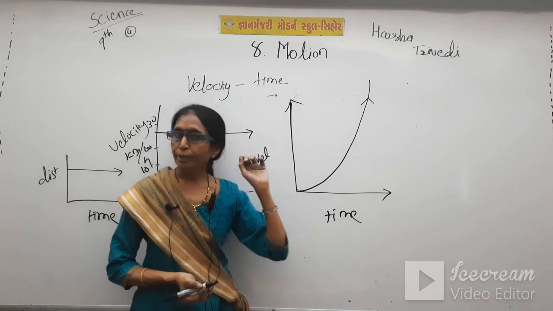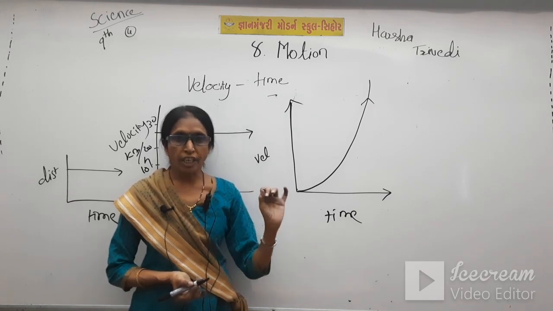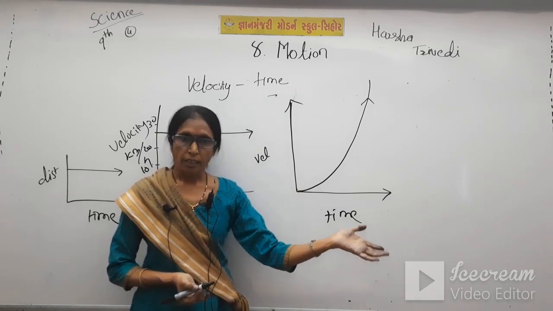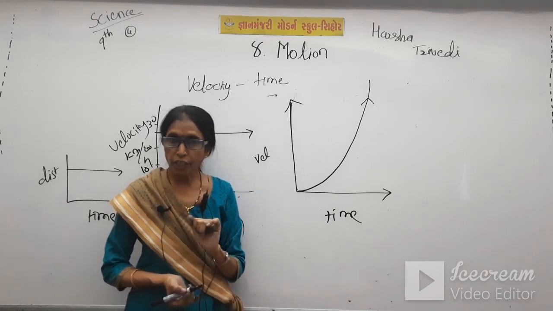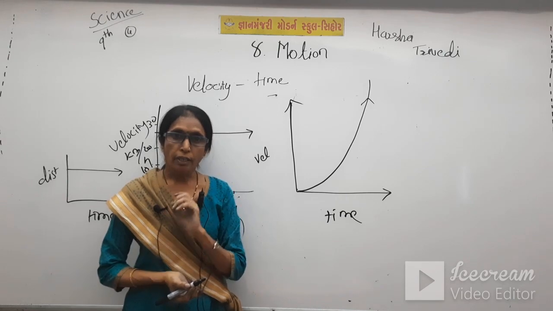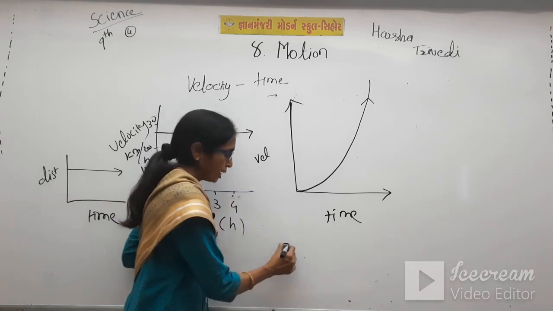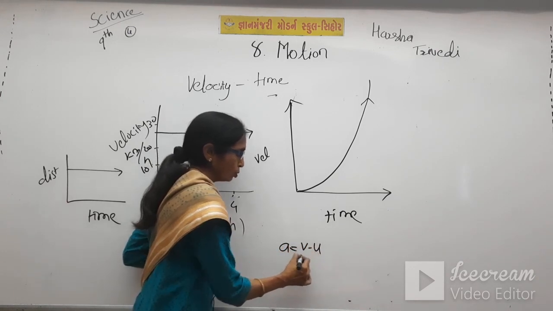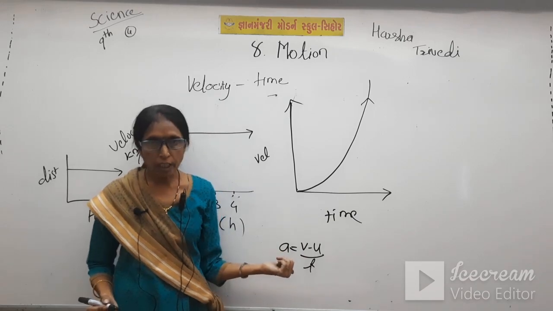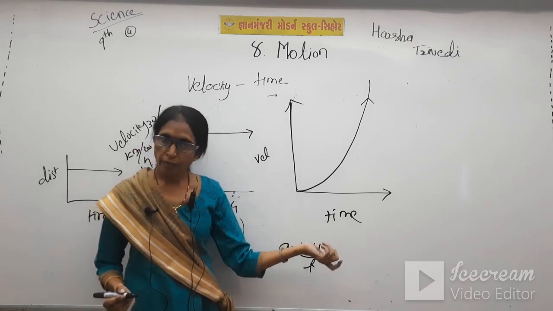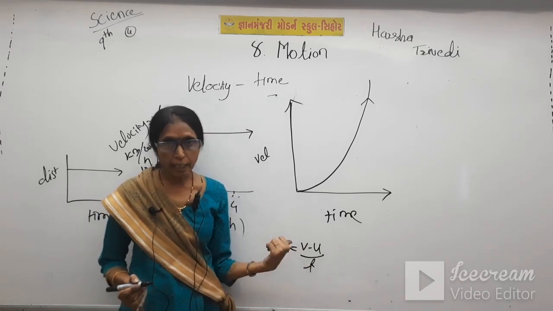As we have learned in the previous video, acceleration is the rate of change in velocity. When velocity changes in a given time, this ratio is called acceleration. We have also solved some numericals based on acceleration. The formula was a equals v minus u upon t, where v indicates final velocity, u indicates initial velocity. The difference divided by time is called acceleration.